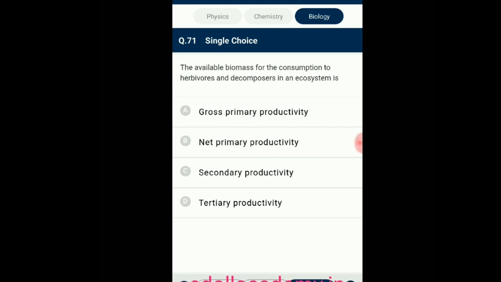A considerable amount of gross primary productivity is utilized by plants in respiration. Gross primary productivity minus respiration losses is net primary productivity. It is the available biomass for the consumption of heterotrophs, that is herbivores and decomposers. So the answer for this question is option B, net primary productivity.